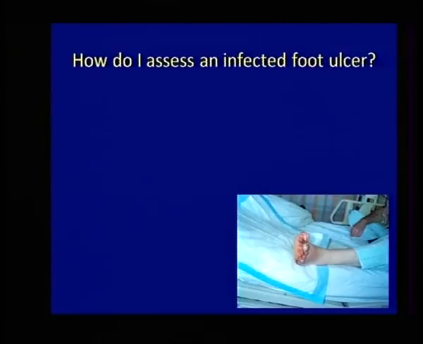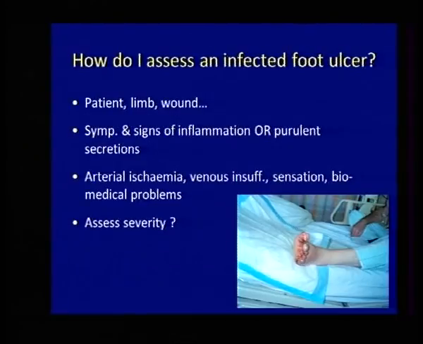The next question would be, how do I assess an infected foot ulcer? You need to look at the patient first to see whether there are any systemic signs of inflammation, whether he has a fever, tachycardia, tachypnea, or other findings suggestive of any systemic inflammatory response.